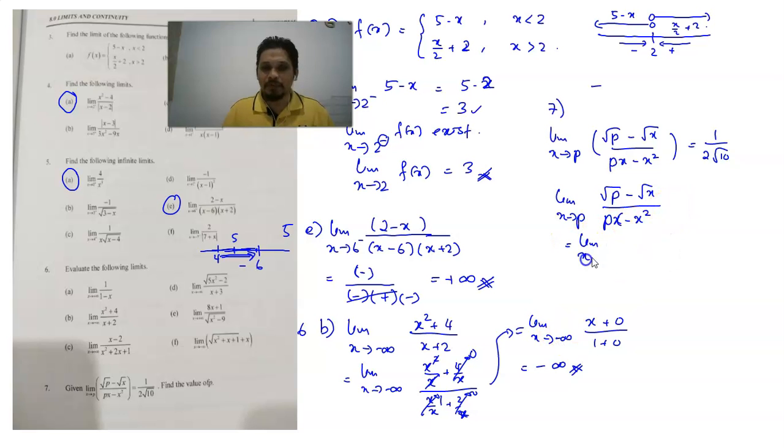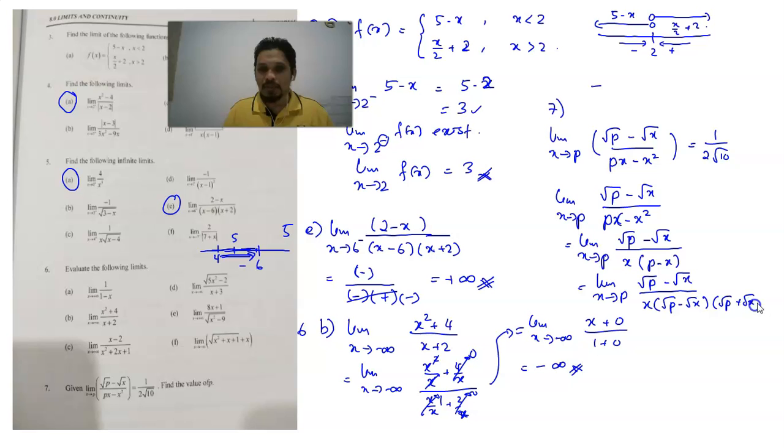Equal to limit of x approaching P, square root of P minus square root of x divided by, factorize P with x here: come out with x and P minus x. Then limit of x approaching P, square root of P minus square root of x divided by x, and factorize P minus x, which gives you square root of P minus square root of x and square root of P plus square root of x.